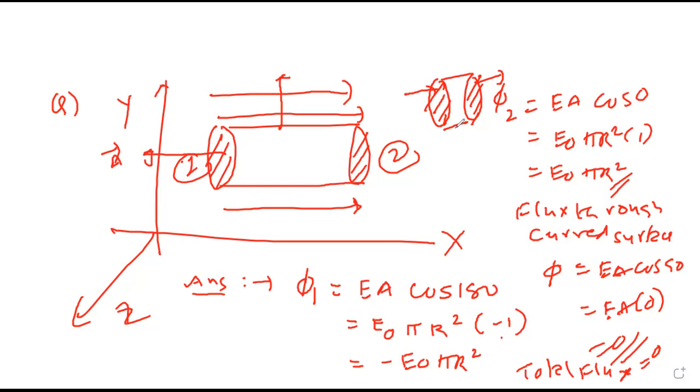Now are you getting the idea of flux, how to find it? If E and area both are in vector form, directly take the dot product.